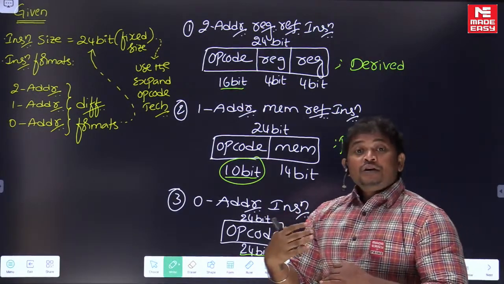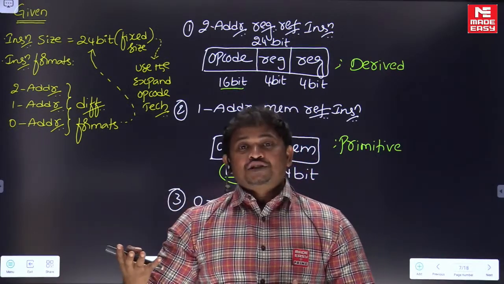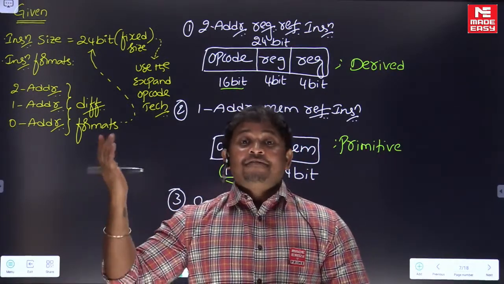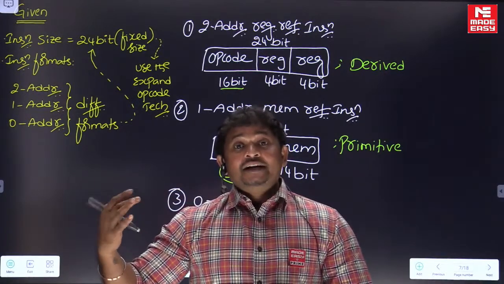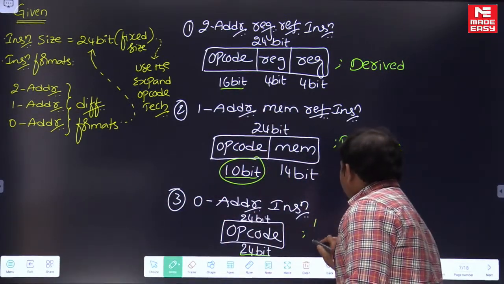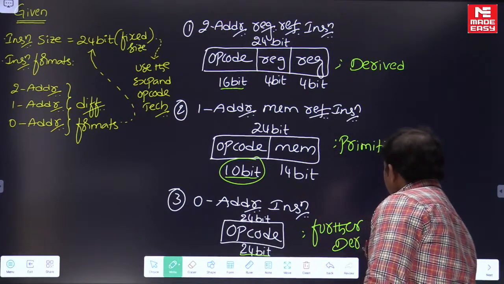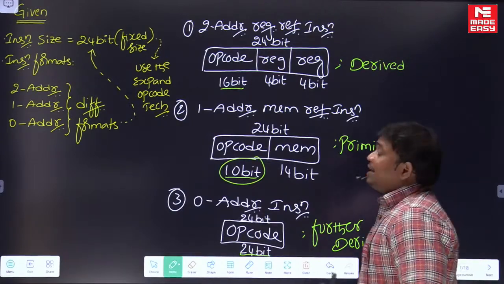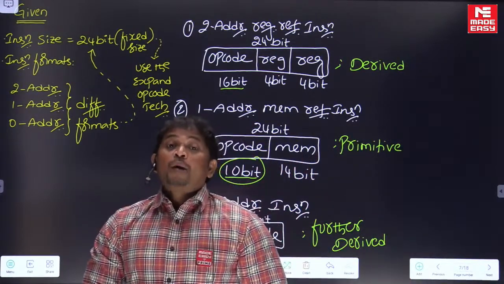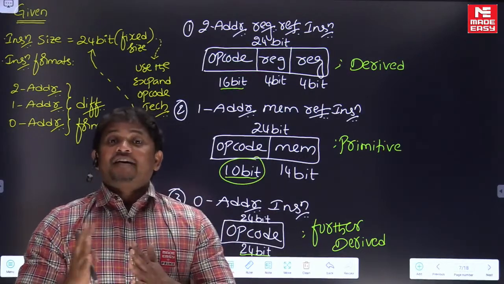Now, take the free space from the primitive, design the derived instruction. Later, take the free space from the derived, design the further derived instruction. So, further derived is 0 address. Like this, based on the opcode size, we decide primitive, derived, further derived.